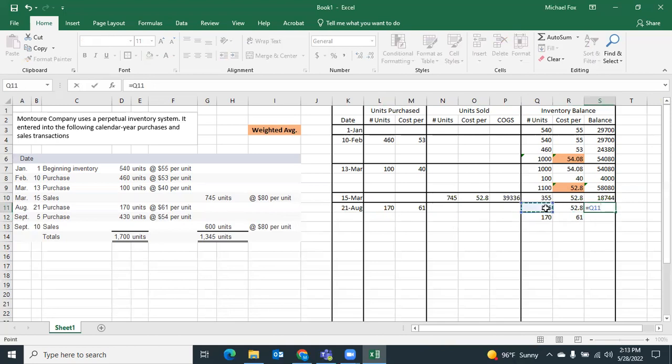Again, we're going to calculate our total cost and our total number of units.